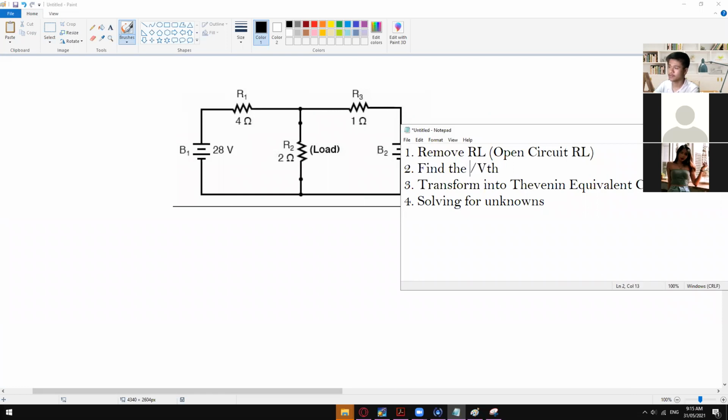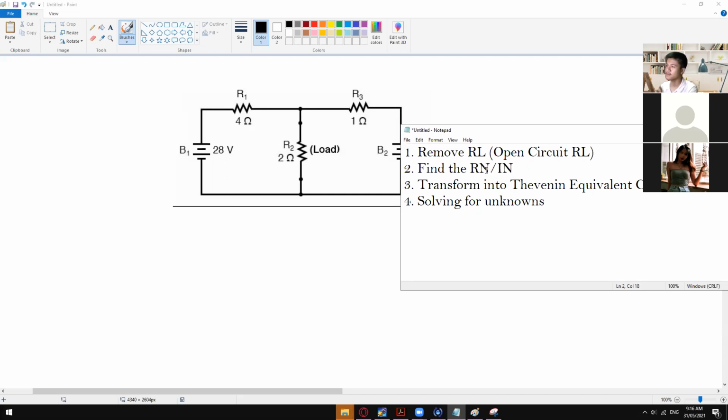We can call that one Norton's resistance, not RTH anymore. And for the VTH, it's not VTH anymore. It's now Norton's current, or IN, and this one is RN, Norton's resistance. And then right here we have Norton's current, or IN.